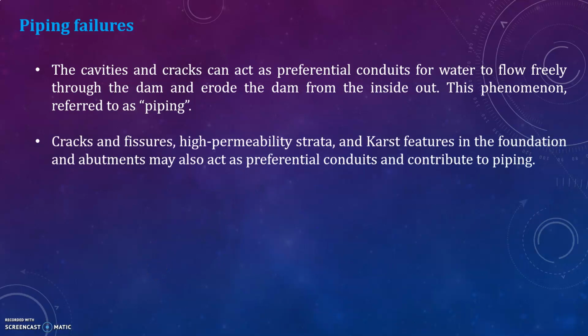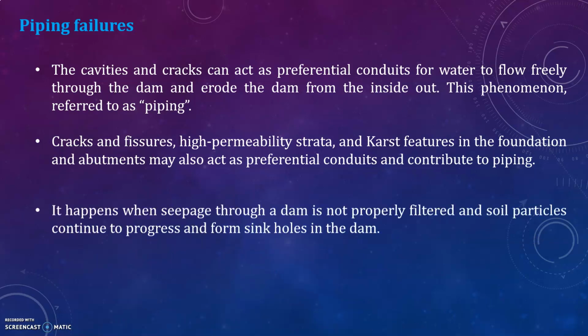Also the cracks and fissures, high permeability strata, and karst features in the foundation and abutments may also act as preferential conduits and contribute to piping. Okay, so cracks or fissures and high permeability strata allow the water to flow through them. Karst features in the foundation and abutments also cause piping.